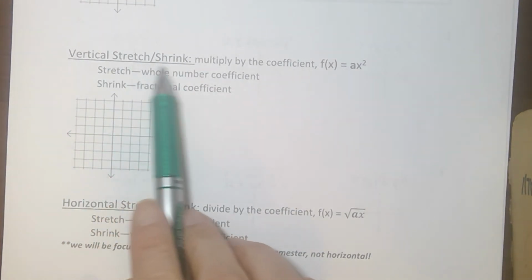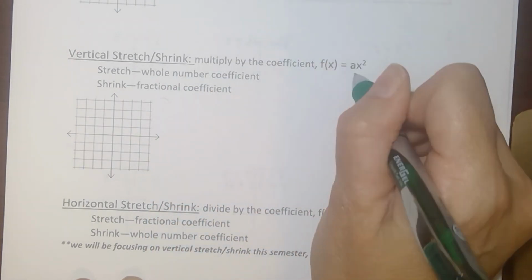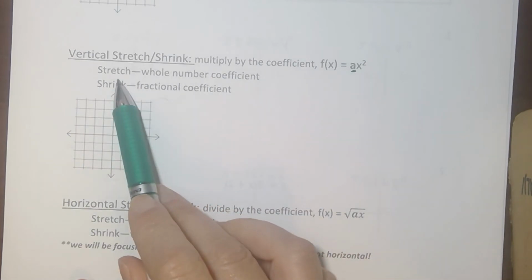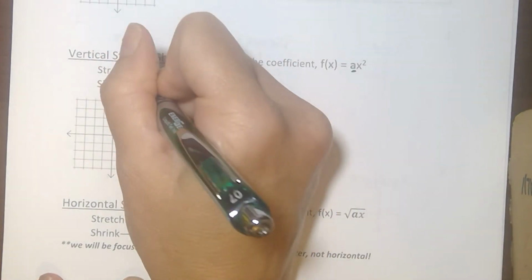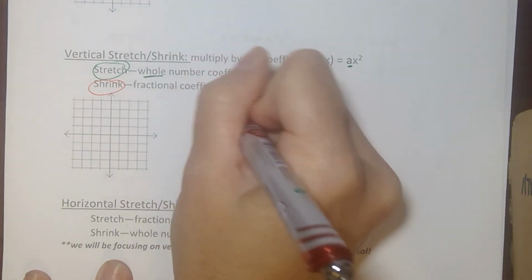To get a vertical stretch or shrink, you multiply by the coefficient a. If that coefficient is a whole number, it becomes a stretch. If it is a fraction, that ends up being a shrink.